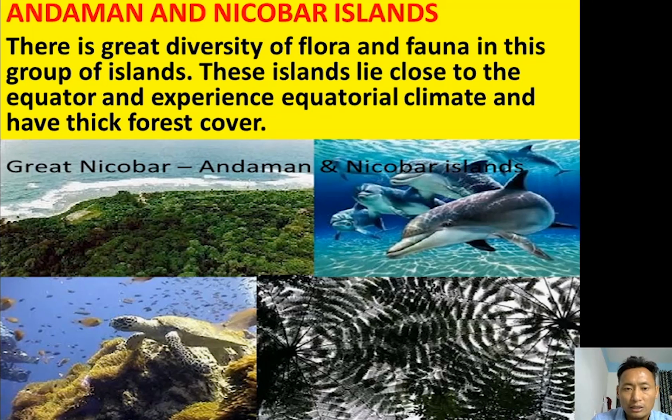Since the Andaman and Nicobar Islands are very close to the equator, they experience an equatorial type of climate and have very thick forest cover. Equatorial climate means a very warm and humid climate because it is located very close to the equator. So these are some of the characteristics of the Andaman and Nicobar Island group. Thank you.